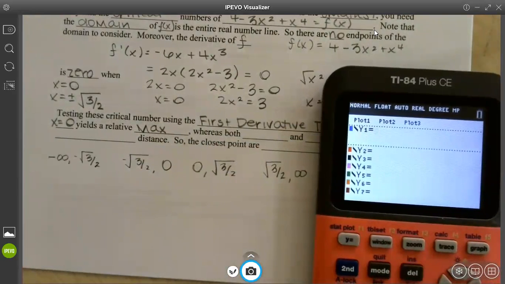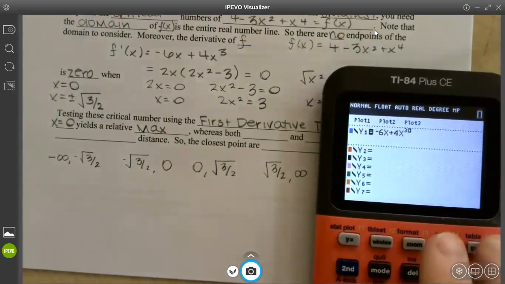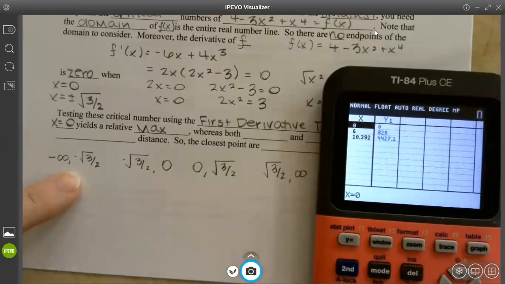Put in your first derivative. What was our first derivative? And then what's a number between negative infinity and negative square root of 3 over 2?